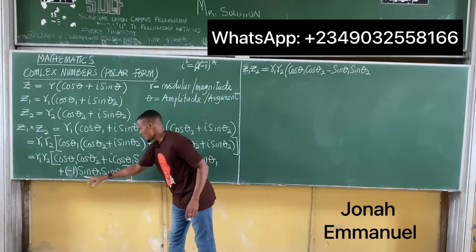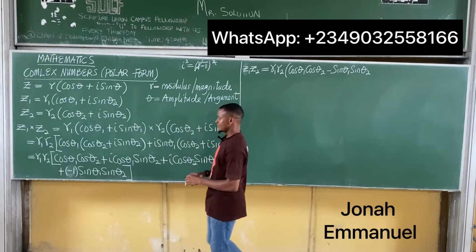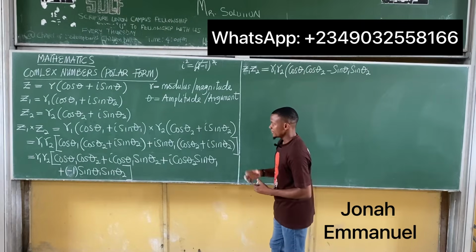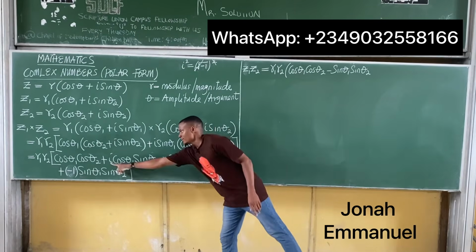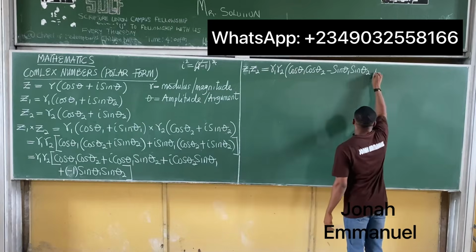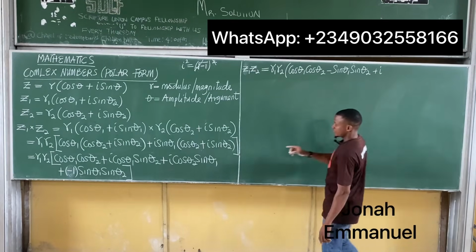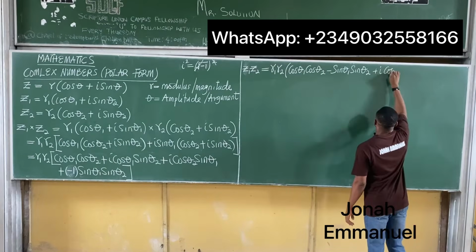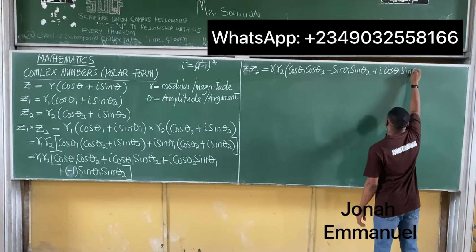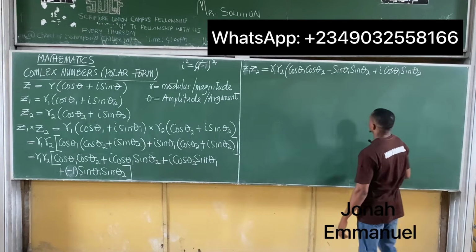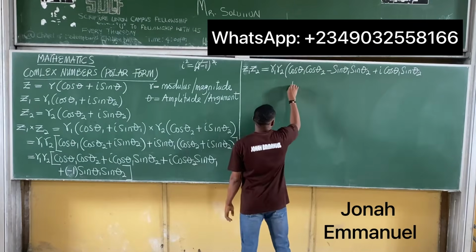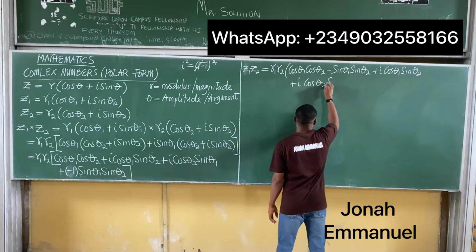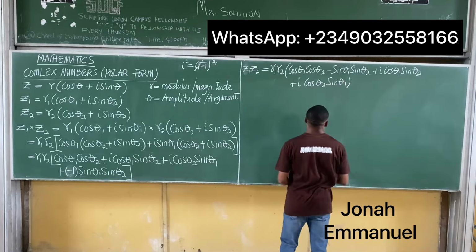Now take the imaginary part, that's the i's. So I have this one here. So plus I into the first one here is cos theta 1 sine theta 2. And then a final I, so plus I into cos theta 2 sine theta 1. So we have this one here.